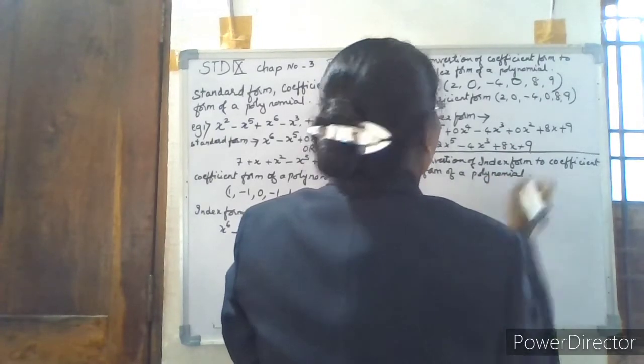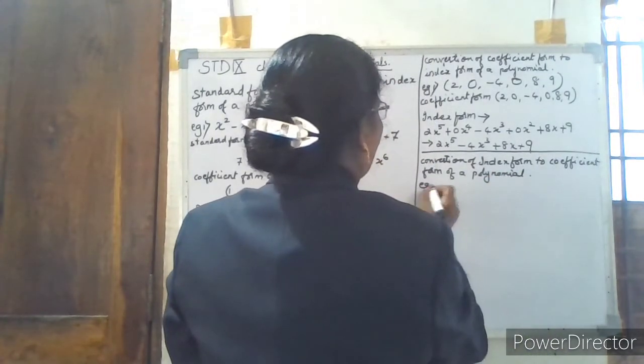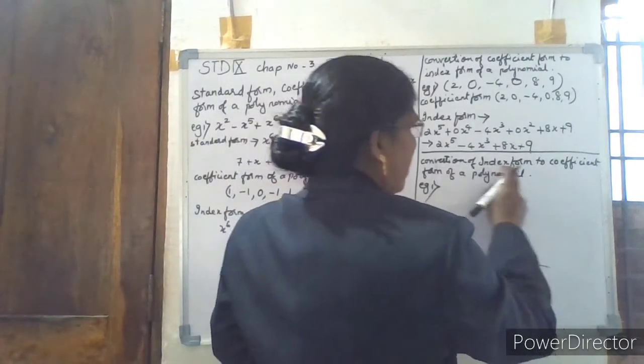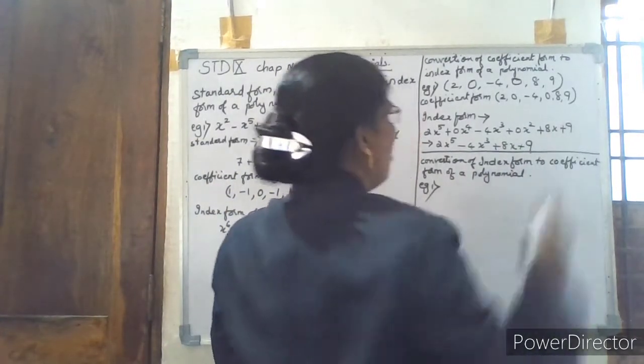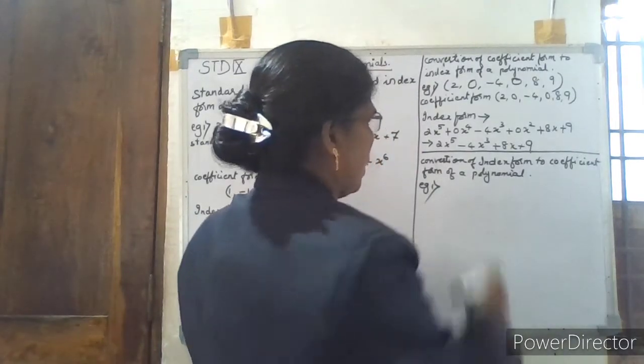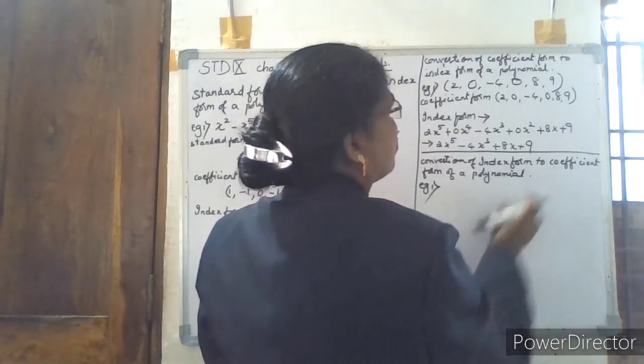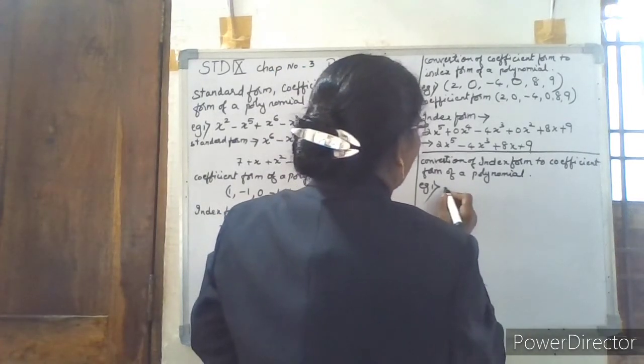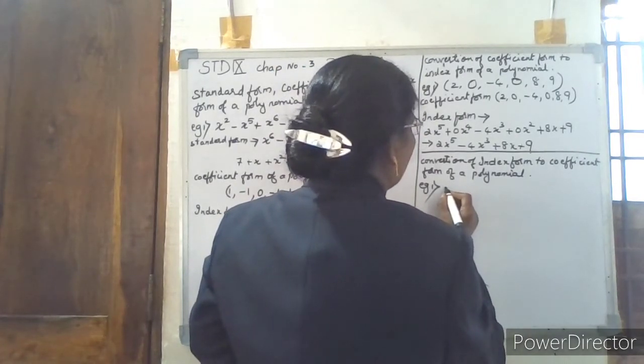Example 1. Now I will take an example of index form, and then we have to convert it into coefficient form.